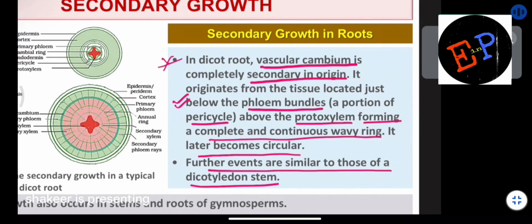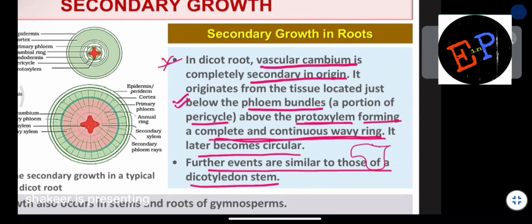So a group of phloem will be there, Nama. From these phloem bundle tissues only, this vascular cambium will develop, which is a part of secondary growth. Okay, ma? And it is above the protoxylem, forming a complete and continuous wavy ring. So it is formed in the form of a wave, a wavy ring like this. Clear? Later it develops into a circular ring. Are you able to understand?